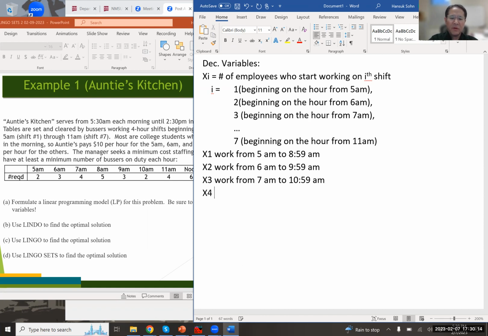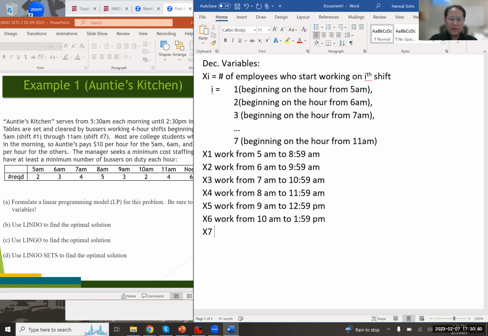Likewise, X4 work from 8 a.m. to 11:59 a.m. X5 work from 9 a.m. to 12:59 p.m., right? X6 work from 10 a.m. to 1:59 p.m., right?